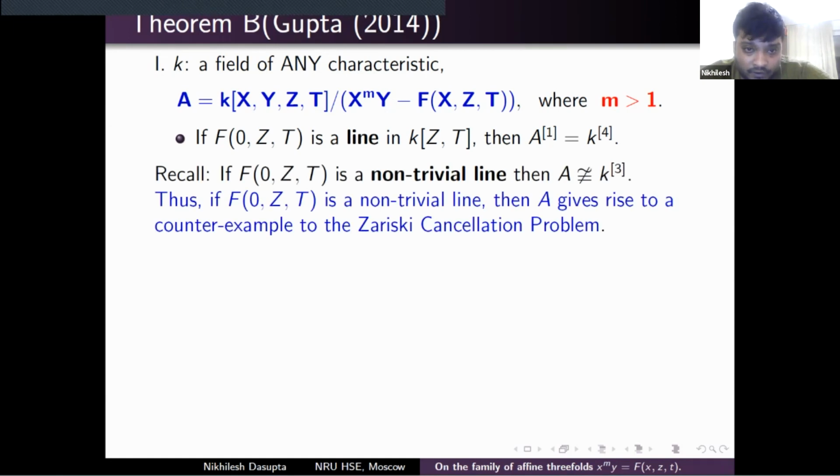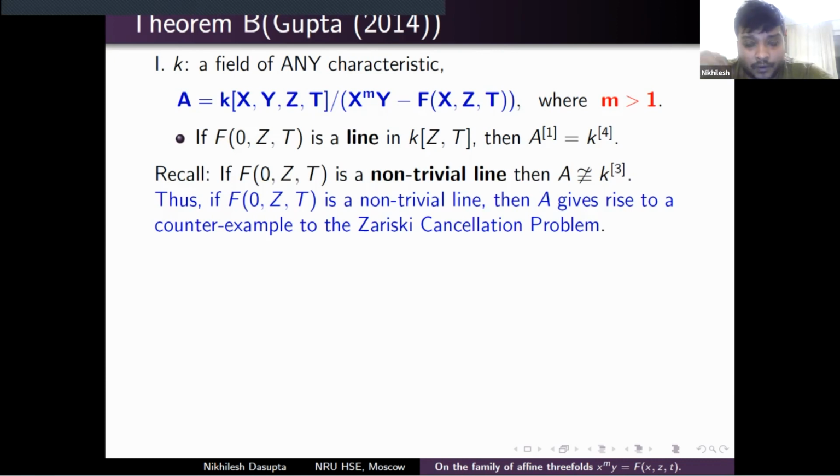Recall that if f(0,z,t) is a non-trivial line, then by the previous theorem, we know that A can't be isomorphic to K3. So this will give you a counterexample to the Zariski cancellation problem. And actually, you will see it's a family of counterexamples. You take f(0,z,t) to be any non-trivial line in k[z,t] and create this affine variety.